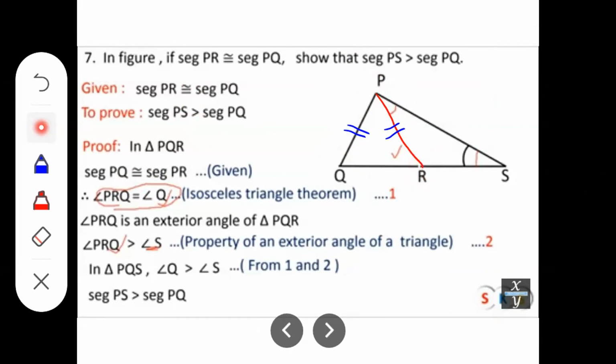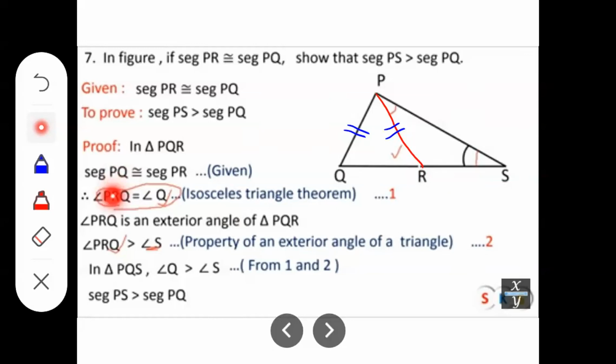So that is the isosceles triangle theorem. Now write the angles opposite to those sides, because as the sides are congruent, the angles opposite to them will also be congruent. By the isosceles triangle theorem, we can say it.